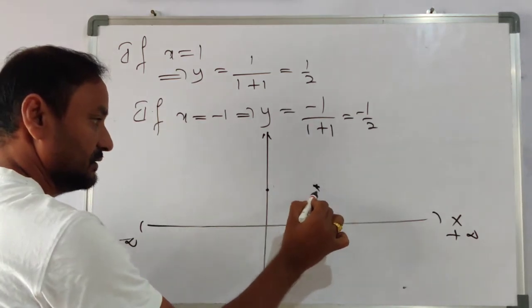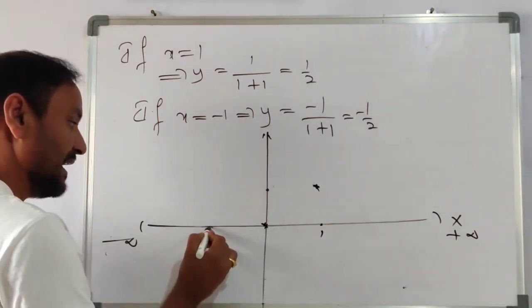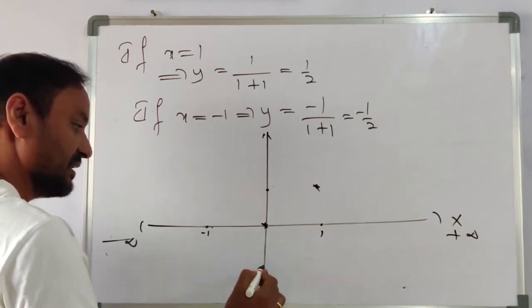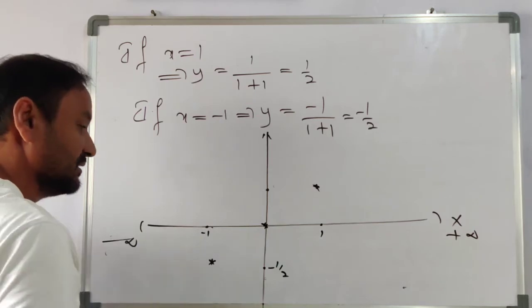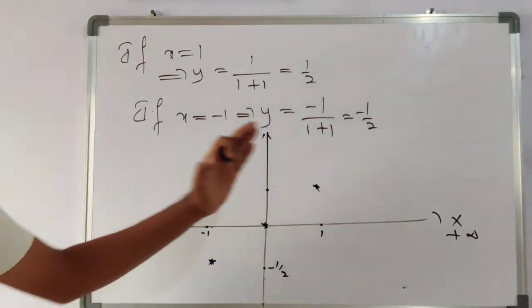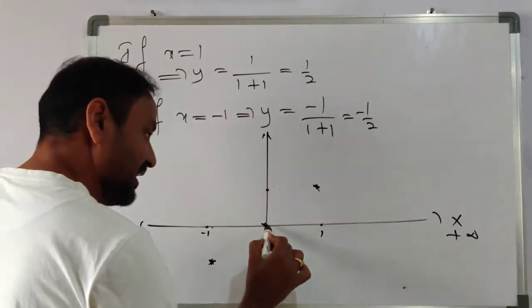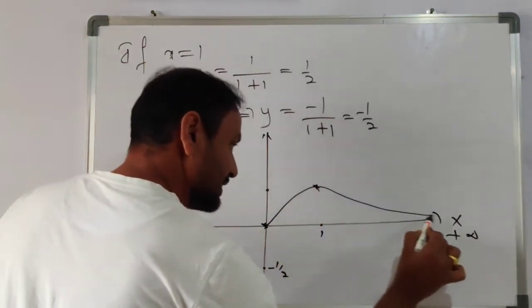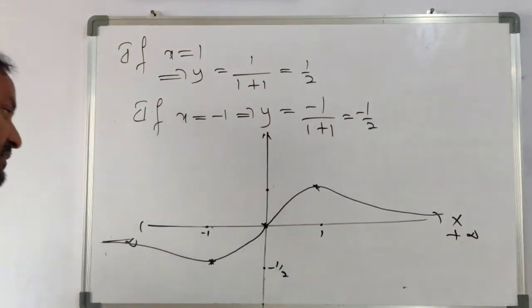At x equal to 0, y is equal to 0. At x equal to minus 1, y is minus 1 by 2. But as x tends to minus infinity or plus infinity, the graph is reaching 0. So that's why first I am taking the graph like this, reaching 0, and from here also the graph again reaching 0.